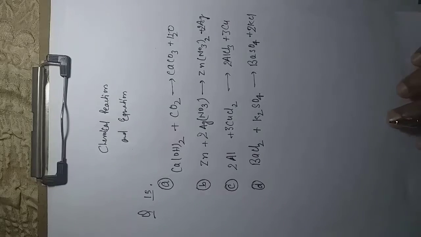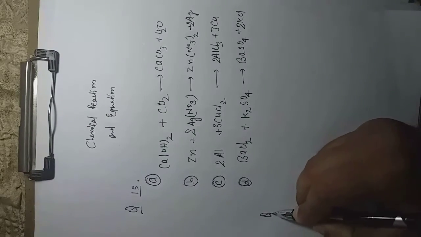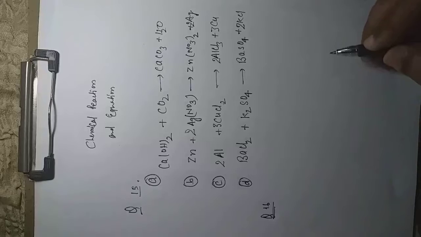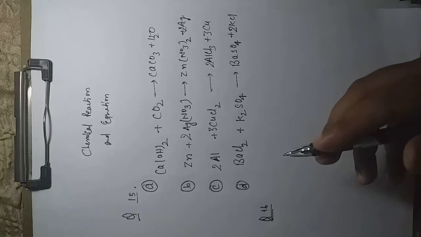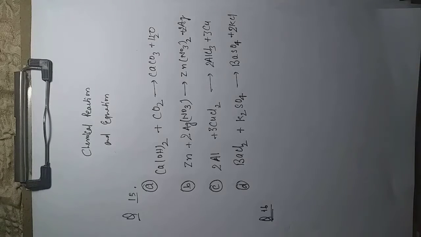Next we are moving to question number 16. Question number 16 asks us to write the balanced chemical equation for the following and identify the type of reaction. We have done so many types of reactions in class. So you distinguish the nature or type of reaction as well as balance the chemical equation.